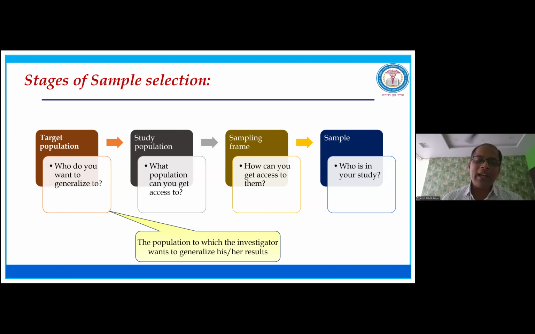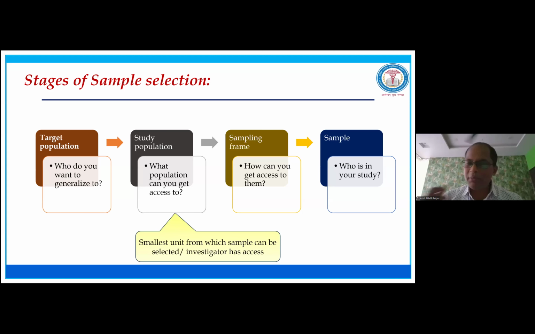Now, we don't always have access to this target or reference population. So what we do is we take a study population, which is part of the target or reference population, and the researcher or the investigator has access to this study population.